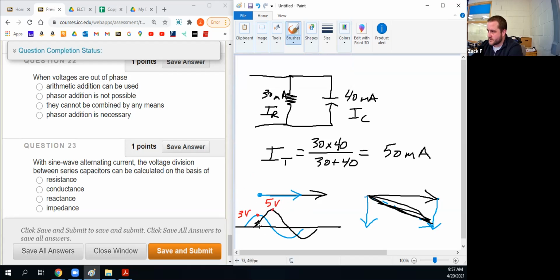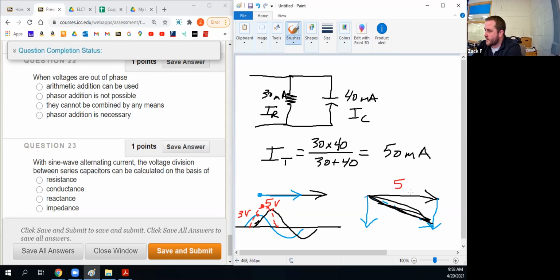No. The resultant sine wave is some kind of average of those two different sine waves. It looks something like this. It's somewhere between the total of 8 and 5. You are adding them, but they're out of phase, so you're not getting as much.